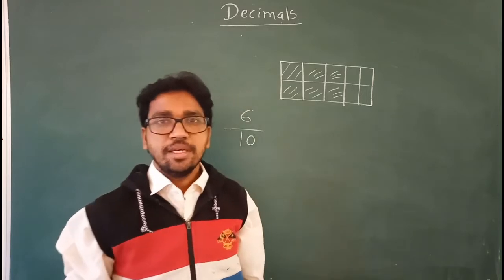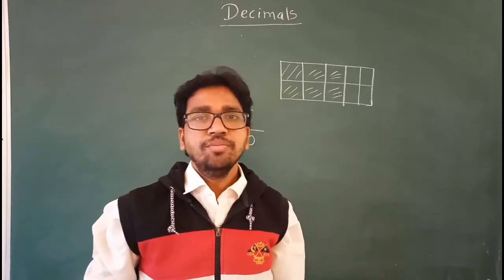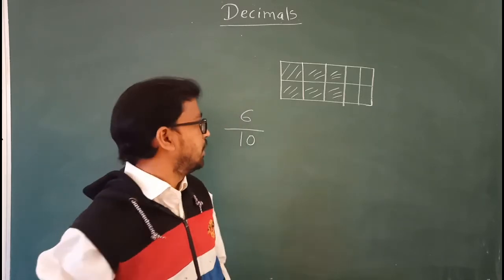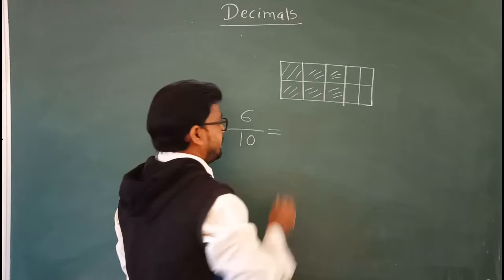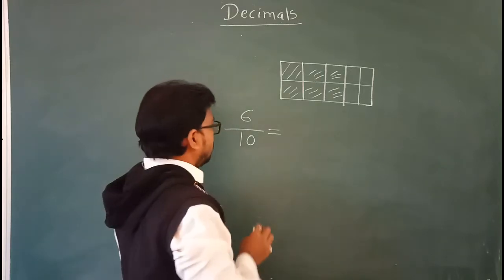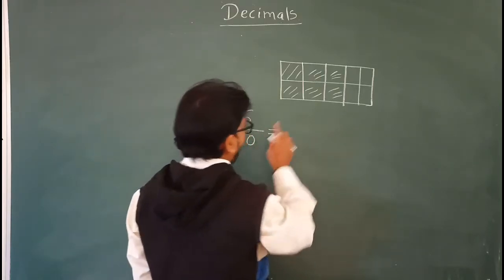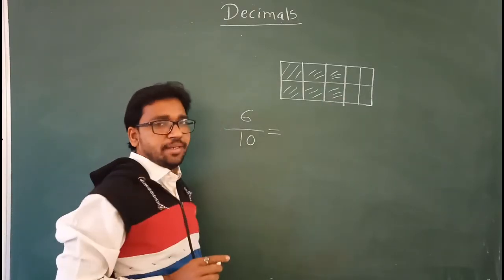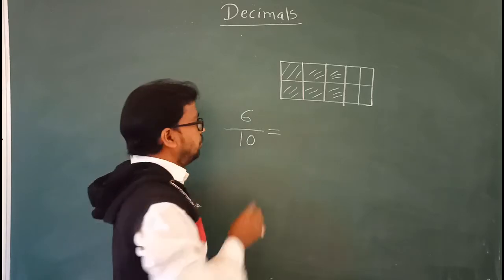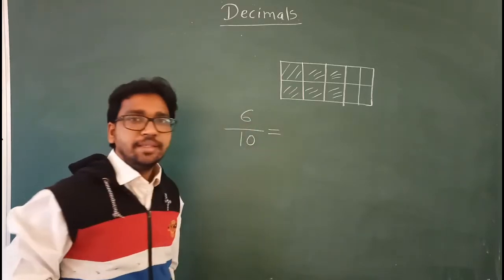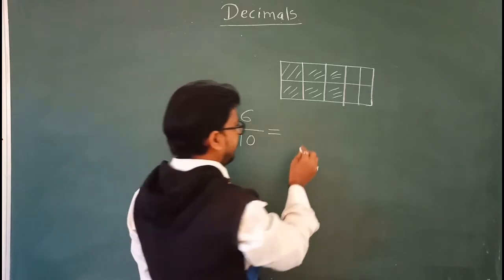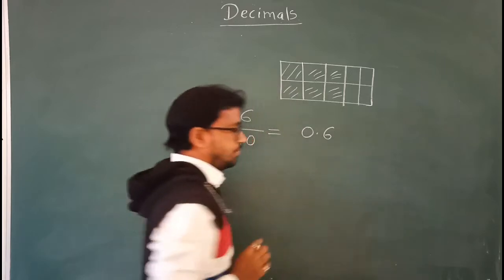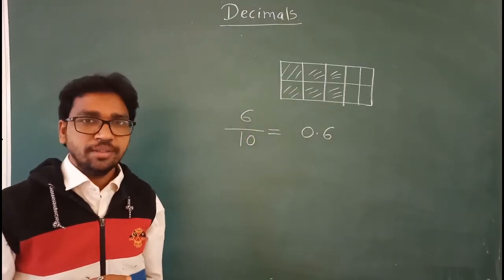That is in the fraction. Now, if I have to write it in a decimal, how to write it? If there are 10 equal parts and 6 parts are eaten, then we divide this 6 by 10. So we get the answer 0.6.